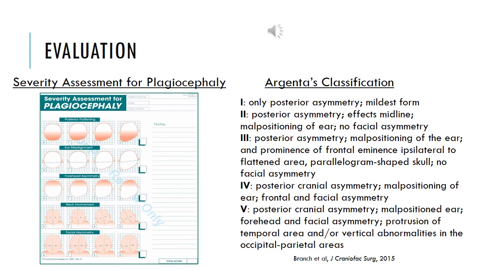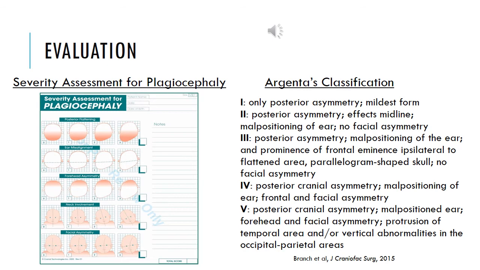More commonly used in the more recent literature is Argenta's classification scale, and that is a scale ranging from a score of 1 to a score of 5. Again, as the score increases, the level of severity worsens. You're not going to be responsible for being able to differentiate between all of those levels, but you should have an understanding that as the numbers increase, the severity increases. You can take a look there at classification level 1.